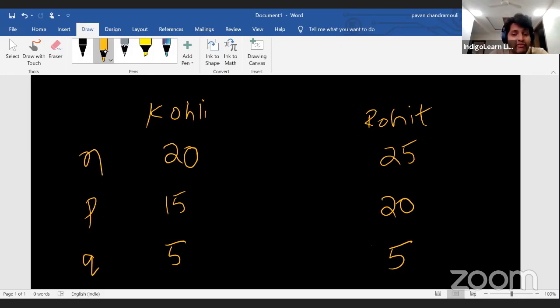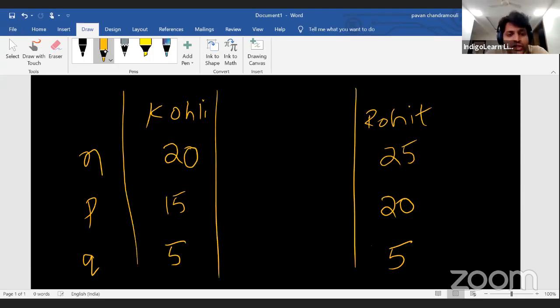Now we have a final. Both Kohli and Rohit are part of this final now, guys. Now my question is, what is the probability that both Kohli and Rohit score a century in today's match? Let's assume we have a match today. What is the possibility that both Kohli and Rohit score a century?